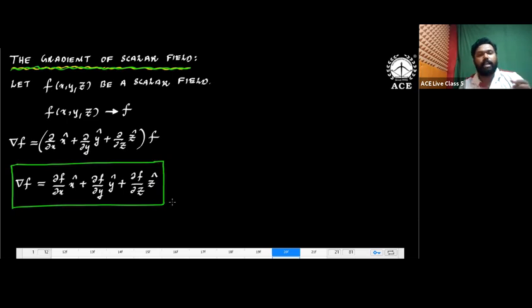So the gradient on the scalar field, output is a vector field. We are having unit vectors here. So what is the output here? Output is a vector field.